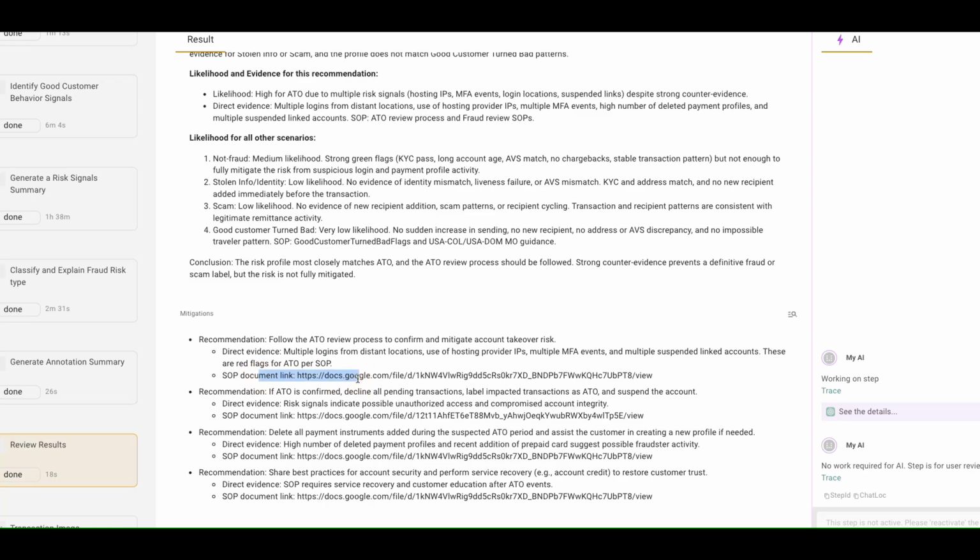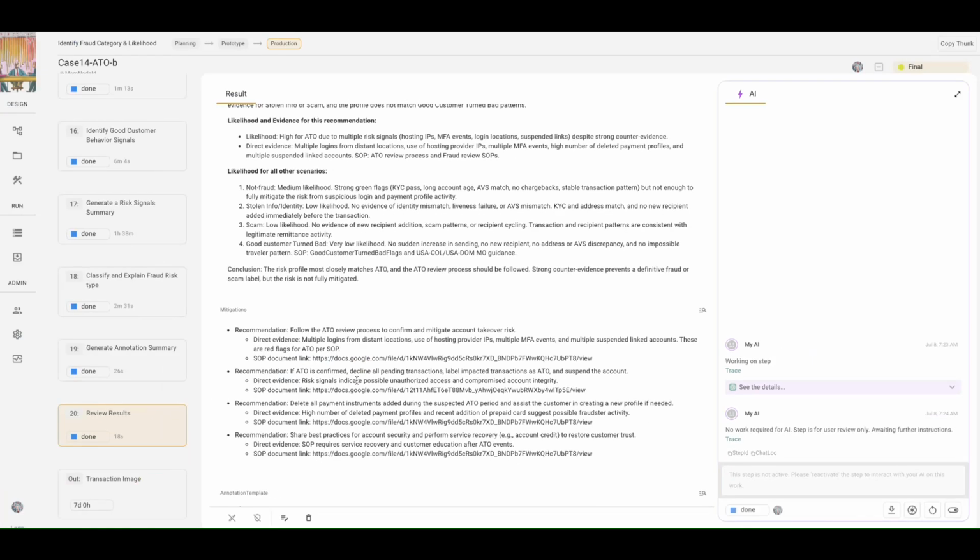All of this information, along with the risk signal summary, essentially allow the associate to make fast, confident decisions on this transaction. The productivity gains from such a repeatable, reliable workflow are quite significant. Faster reviews, fewer errors, and more consistent outcomes that stay tightly aligned with the SOPs.